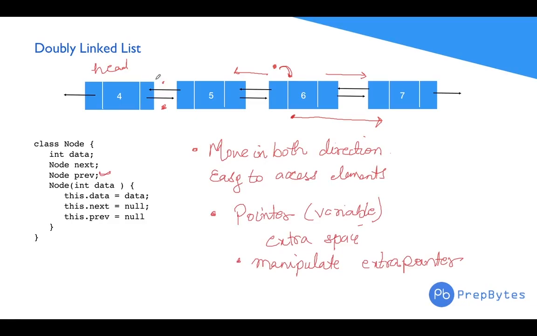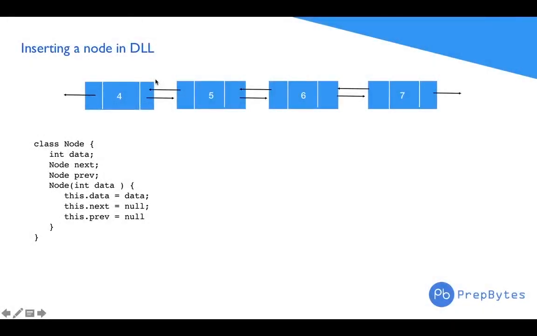Let's start with the insertion. Now let's talk about inserting a node in doubly linked list. So I've written in short DLL. Let's say we have a doubly linked list here, somewhere in the memory. When we are writing a program, we obviously need reference to this particular DLL. So how do we get a reference to a particular DLL?